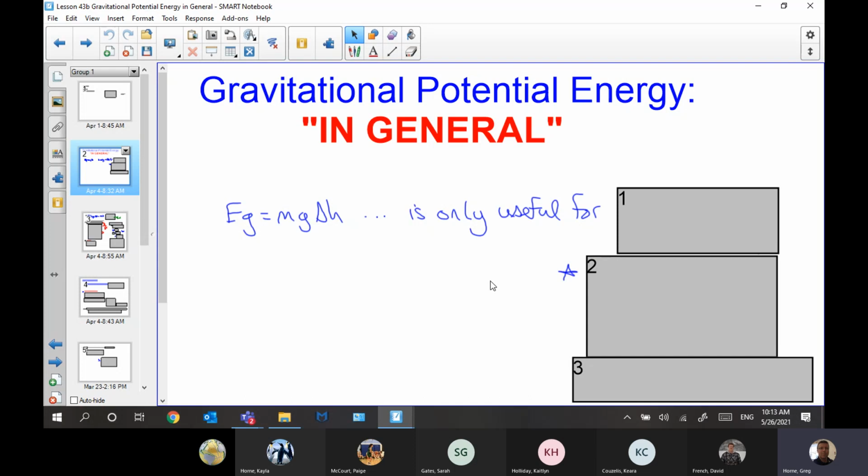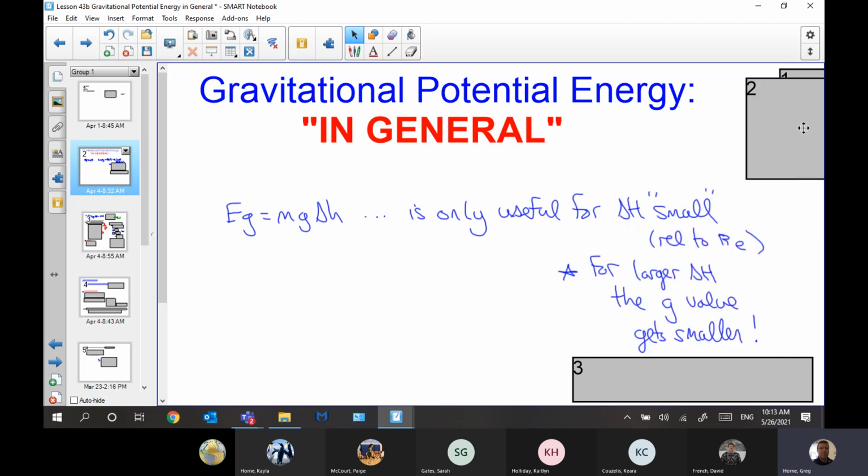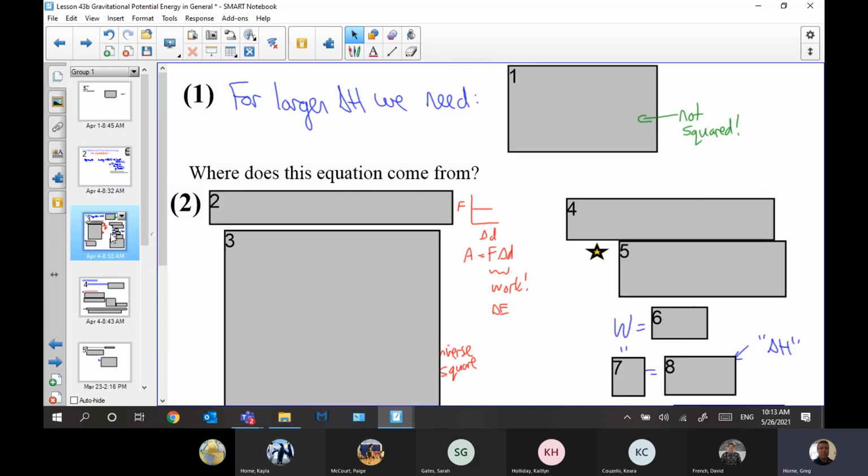Anyways, so we're saying this thing is only useful for small Δh's relative to the radius of the Earth. For larger values, the g value changes, gets smaller, and so Eg equals mgh is no longer valid. So what do we do, right?